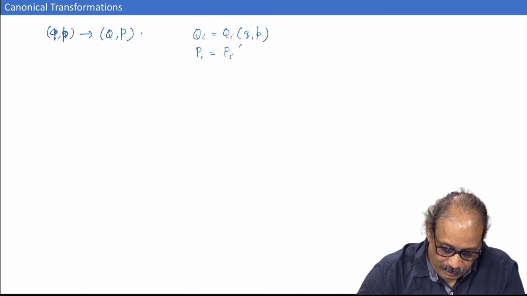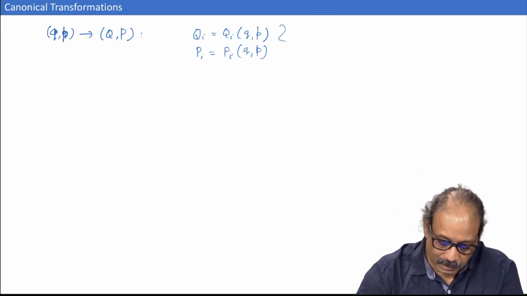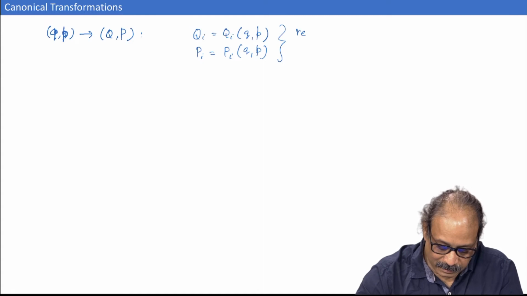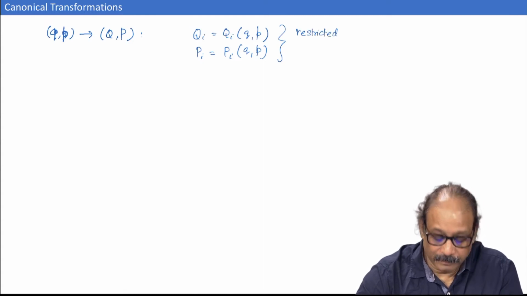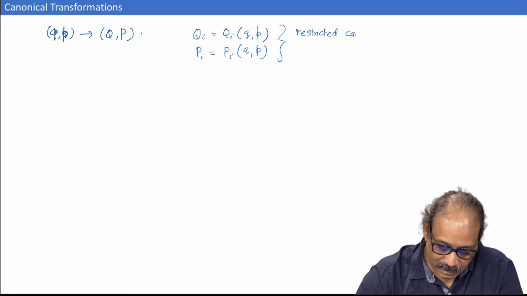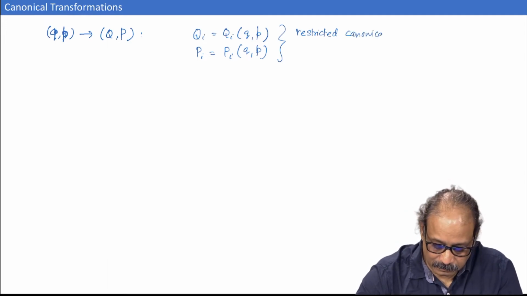So, capital Pi is also a function of q and p, and because they do not depend on time t, these are also called restricted transformations, and if these transformations are canonical transformations.